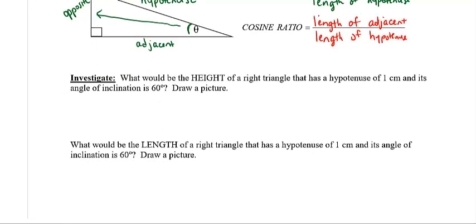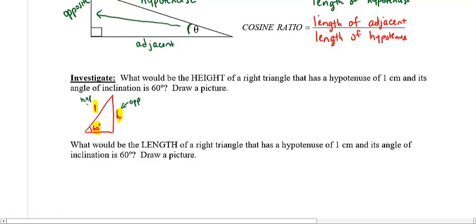What would the height of a right triangle that has a hypotenuse of 1 centimeter and an angle of inclination of 60 degrees be? So if I were to draw a picture, 60 degrees, it's pretty steep. The hypotenuse this time is 1. How would I figure out the height? We have a target angle, we know the hypotenuse, and we know the opposite side.